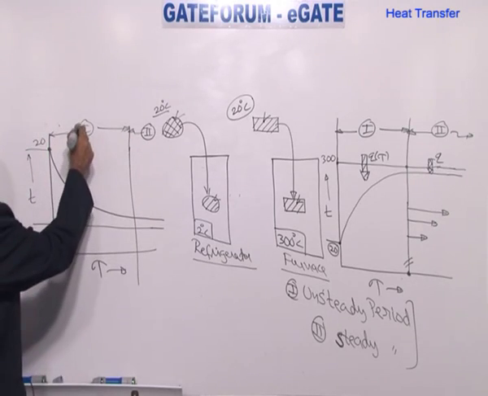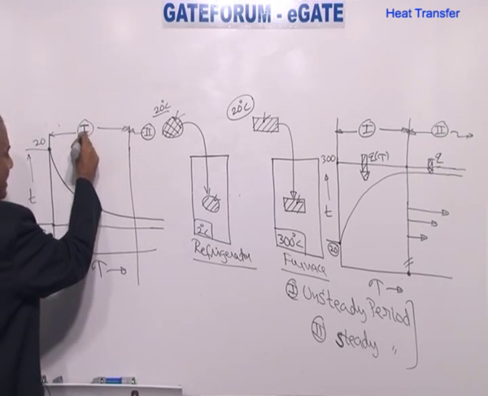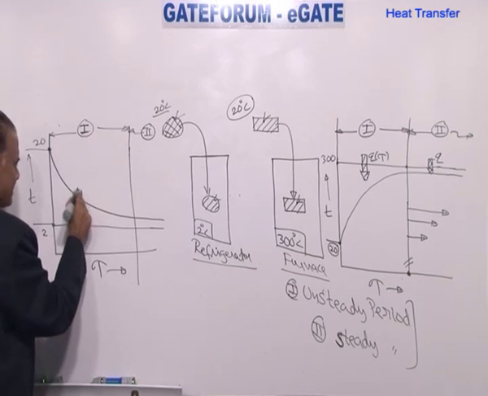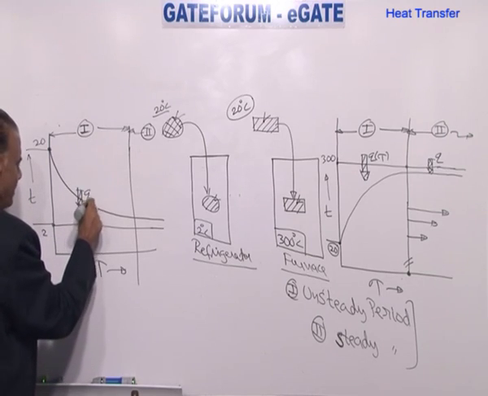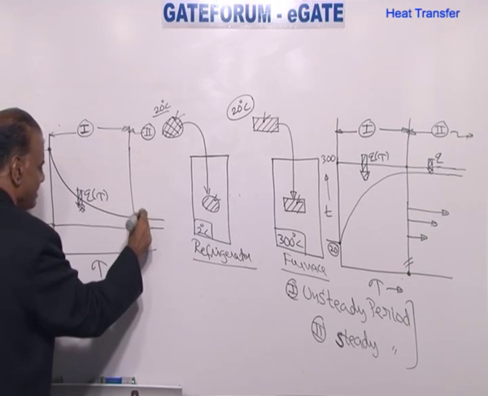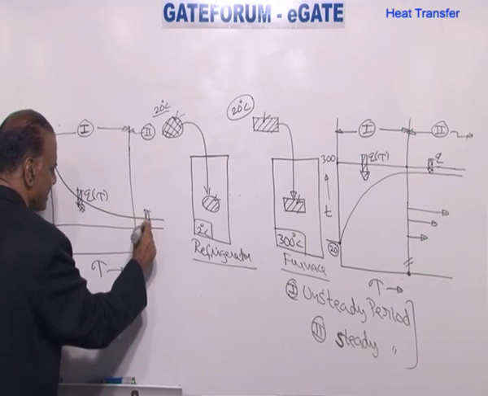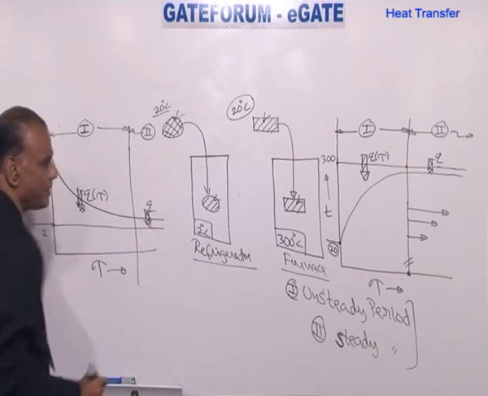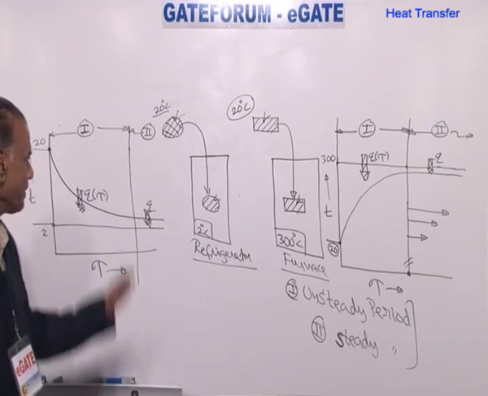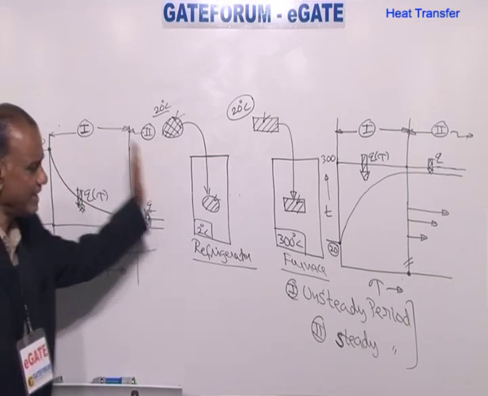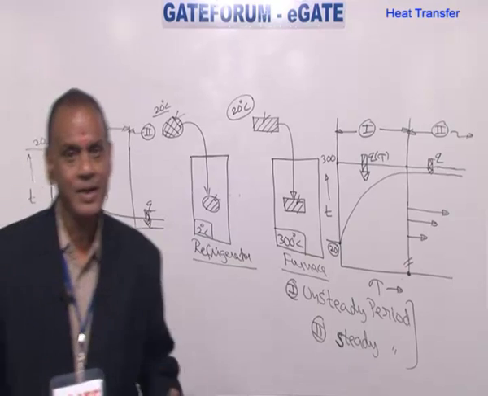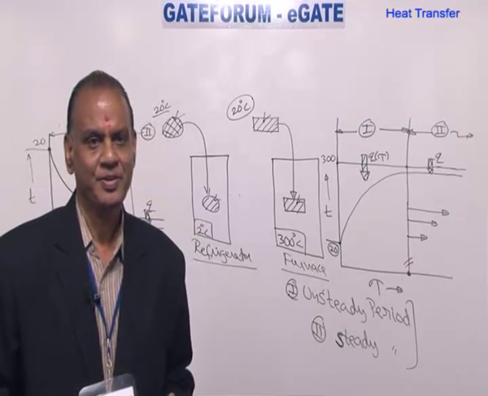This is the unsteady period, wherein heat transfer rate is changing very sharply with respect to time. And this is a steady period in which heat transfer rate remains the same, independent of time. So in the beginning we have unsteadiness, at the end we have unsteadiness, in the middle it will be steady.